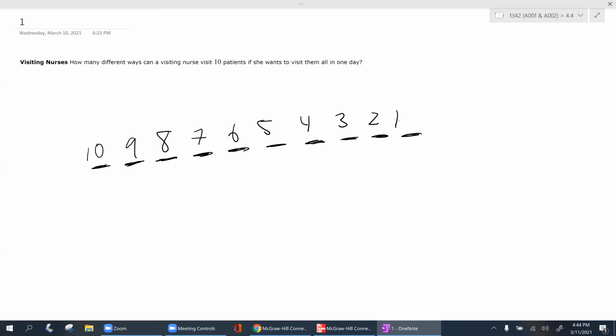For those that are using a TI-30X2S, this is my favorite calculator. There's a great button that we're going to be using in this class.